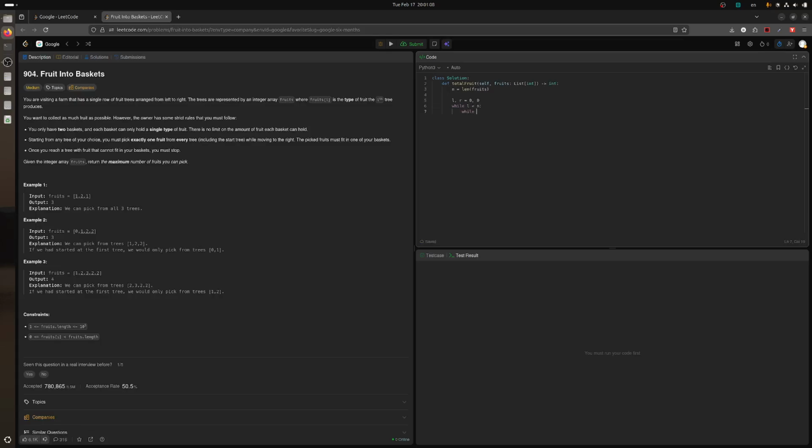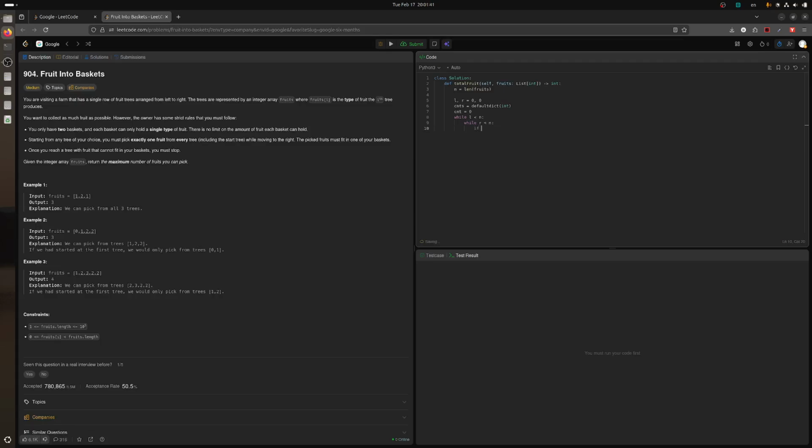Then we want this. And we want fast remove, I guess, so yeah, doesn't matter. So count is this, some dictionary, or let's do default dict int, and then so far we have 0, so while r is less than n, then we need this.